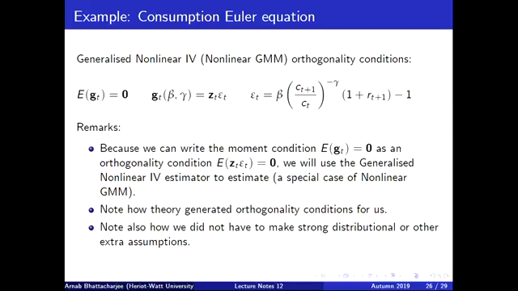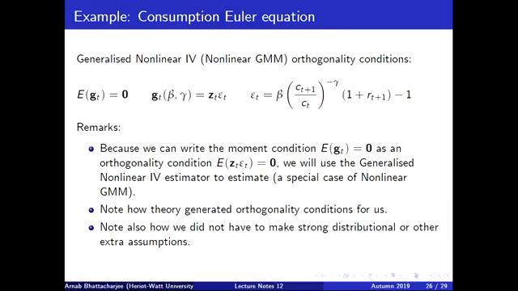For efficiency, we had to rely on some estimates. But most importantly, perhaps, we did not make any distributional assumptions at all. Our errors are not necessarily normal. They satisfy certain moment conditions.